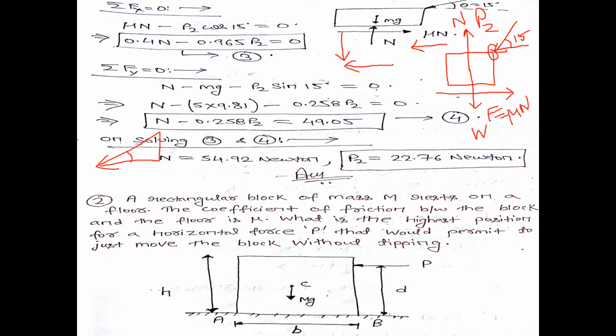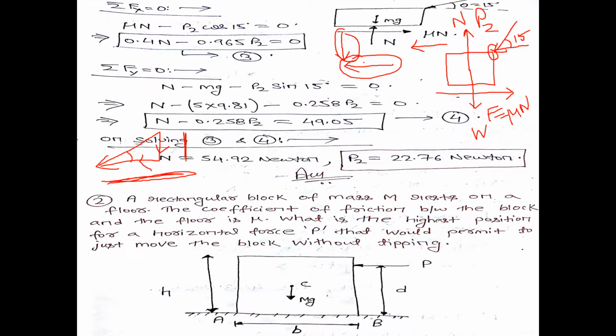If you want to reach from tail to head end, you can go like this and then like this. This value will be your P2 cos 15 and this value will be your P2 sin 15. Any doubt so far in the second part of the free body diagram for this problem?